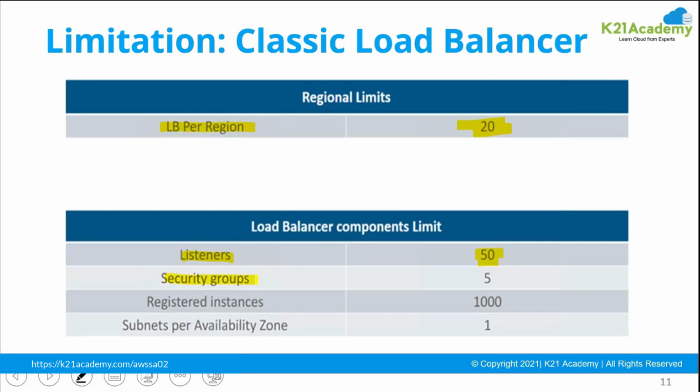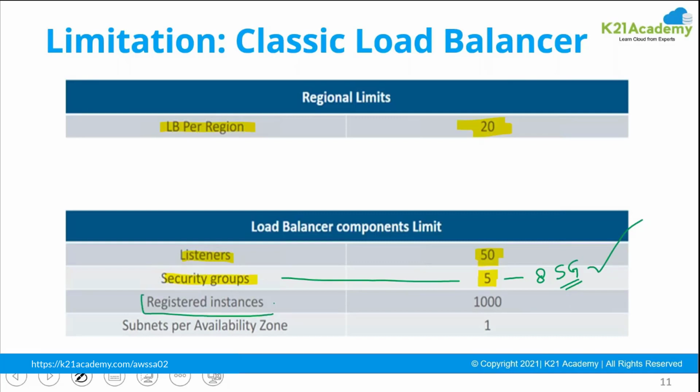Security groups that can be attached to the load balancer is a maximum of 5. Now this limit has been revised to 8 security groups, with the machines also and with the load balancers also. So you can associate up to 8 security groups to a single load balancer.